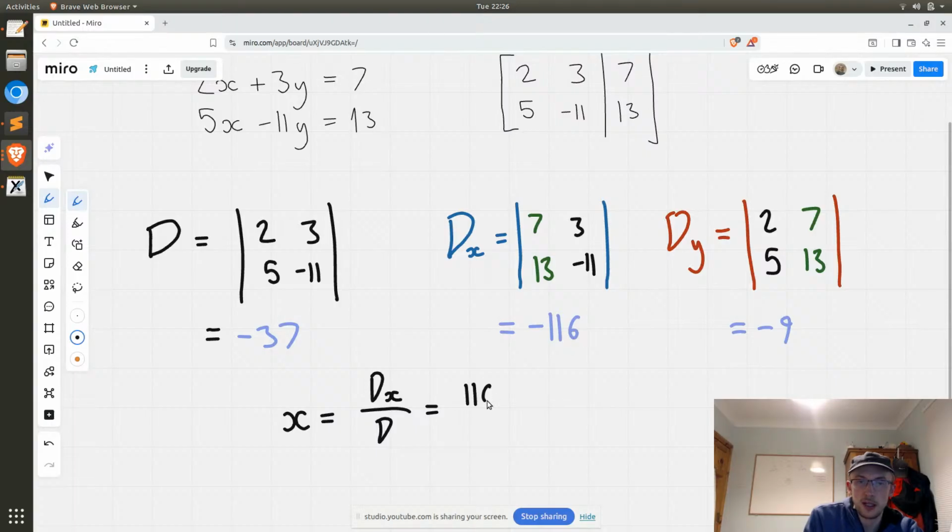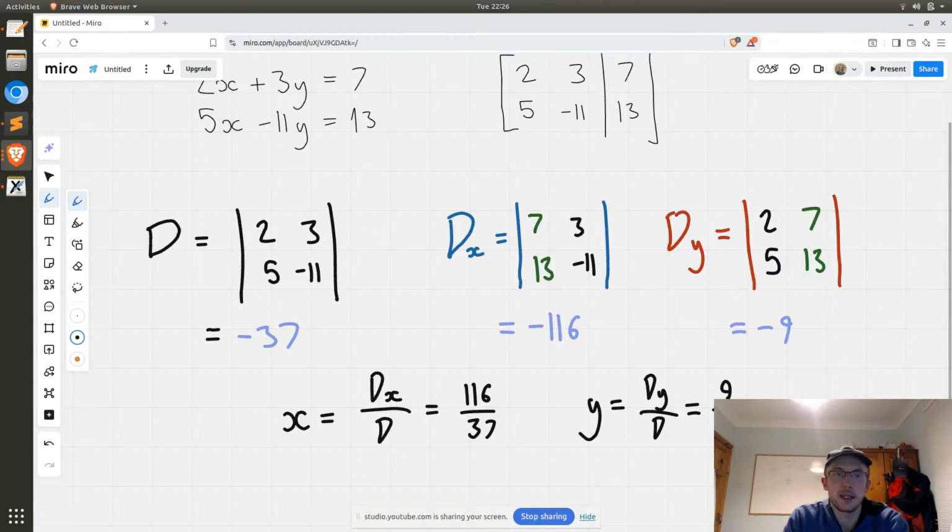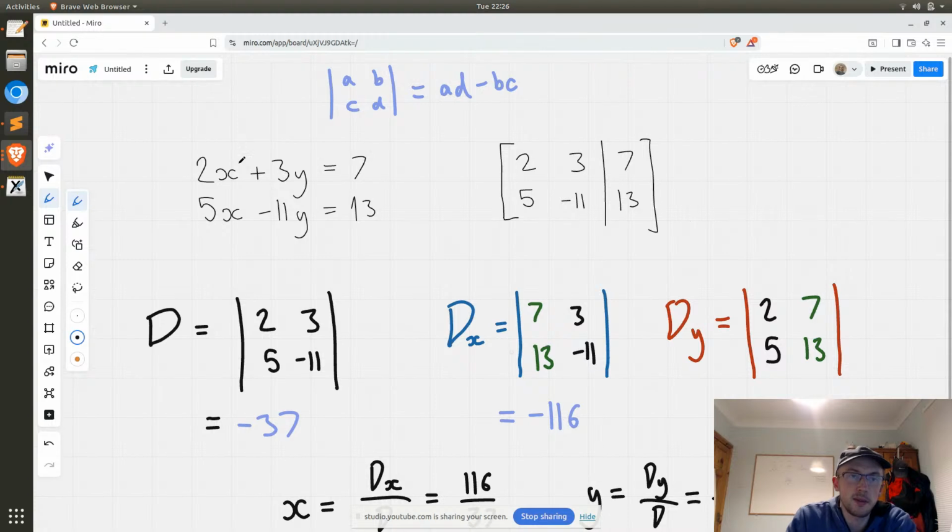So let's check that. Yeah. And for y, it's dy over d, which is negative 9 over negative 116. In other words, 9 over 116. But we have to check. We have to check and see if I've remembered that correctly.